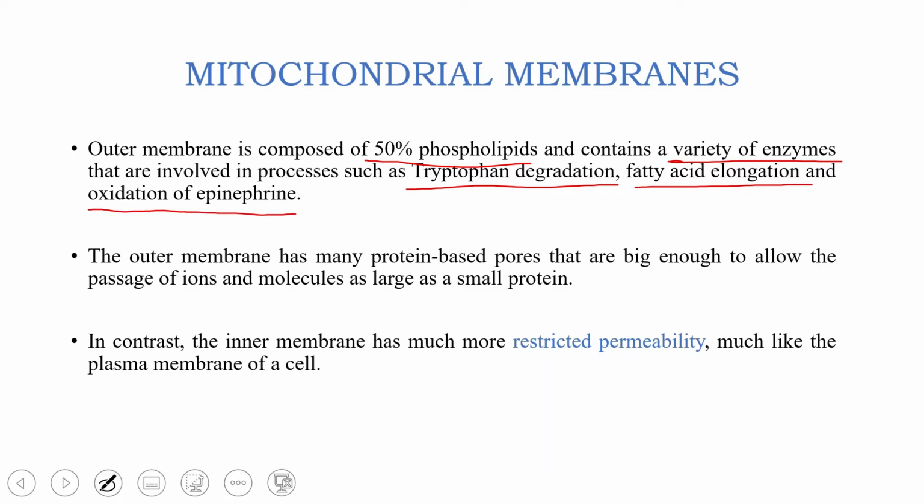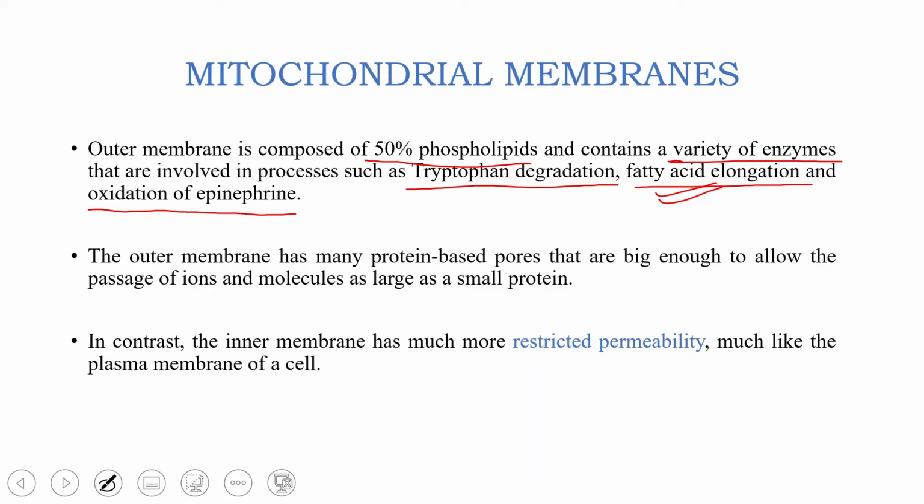So these are a few examples of the processes occurring in the mitochondria wherein the enzymes of the outer membrane of mitochondria are required. But let me remind you that there are several different processes like this. Now, this process is very important, this reaction. So, please remember that fatty acid elongation occurs in the outer membrane of mitochondria.